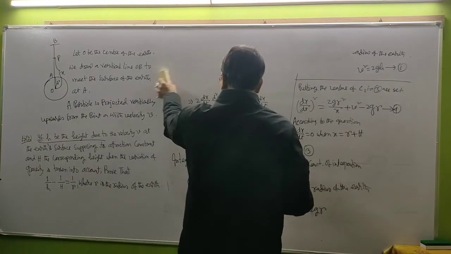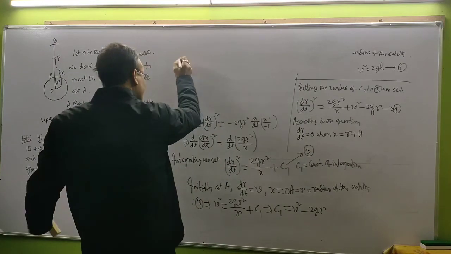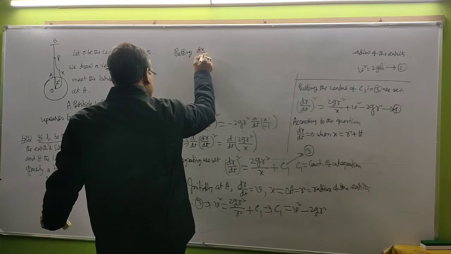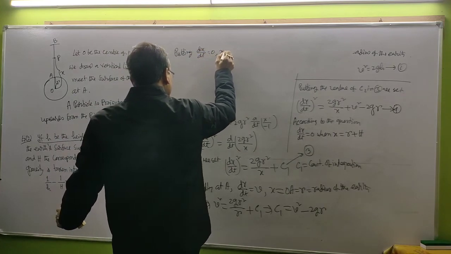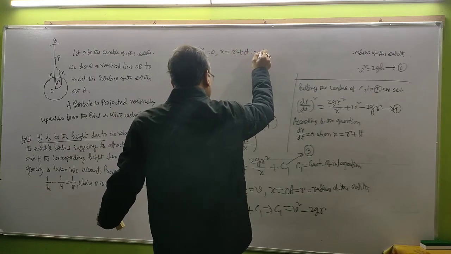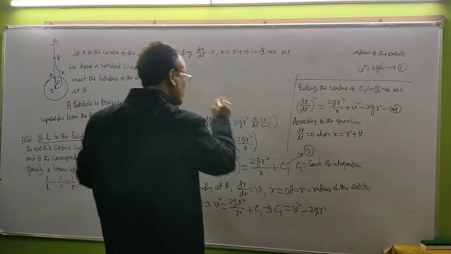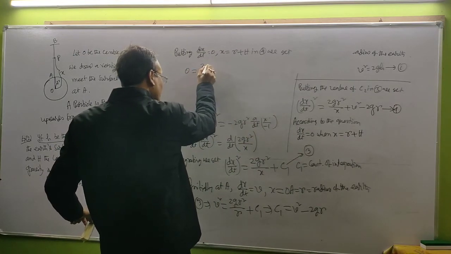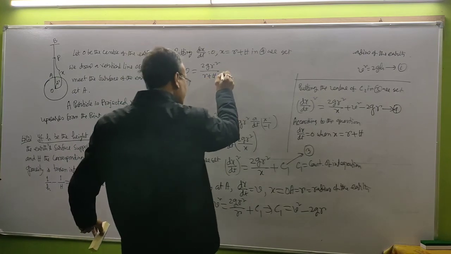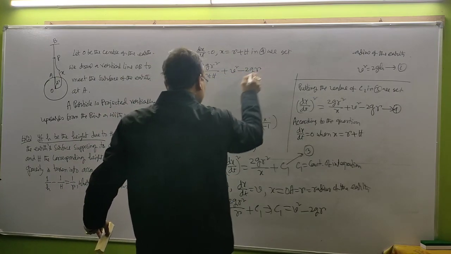Putting dx/dt equal to 0 and x equal to R + H in 4, we get 0 = 2gR²/(R + H) + v² − 2gR.